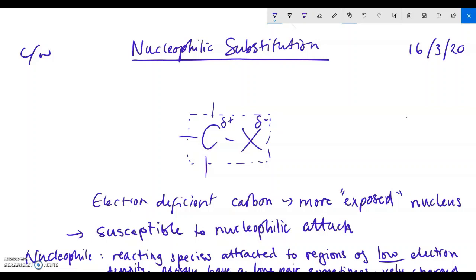Okay, so having talked about that, how do we actually end up with the reaction which occurs with the halogenoalkane? So we know that they're going to attract things called nucleophiles, species with lone pairs, and we end up with a substitution where the halogen atom becomes displaced from the molecule as a halide ion at the end.